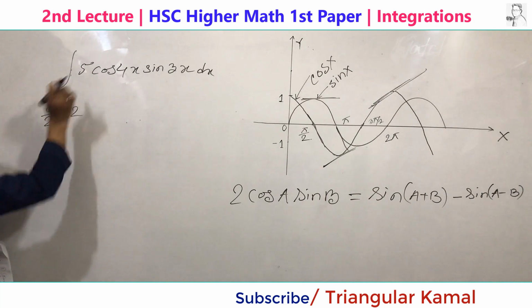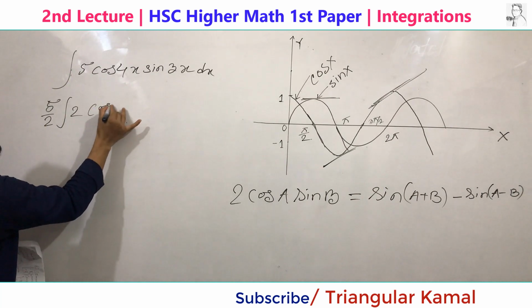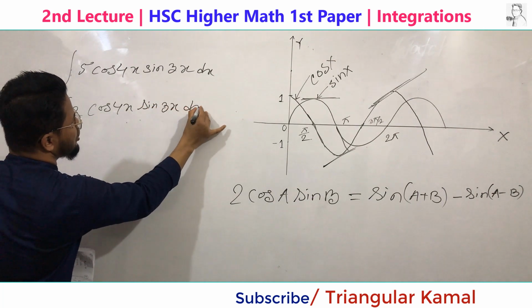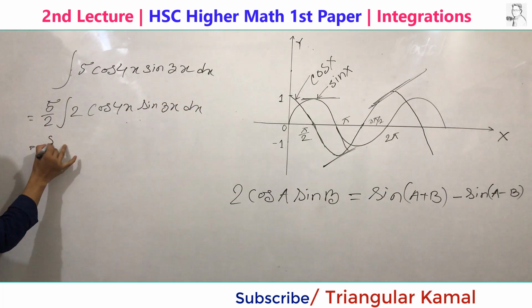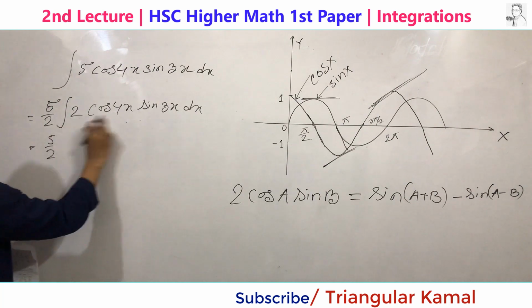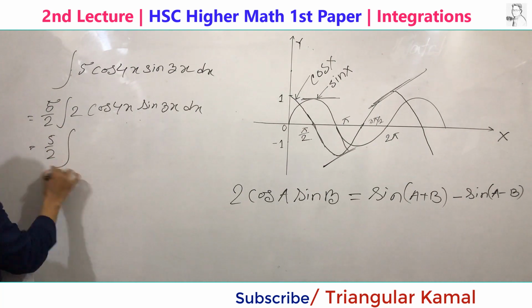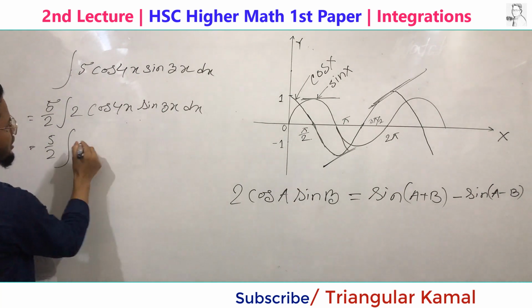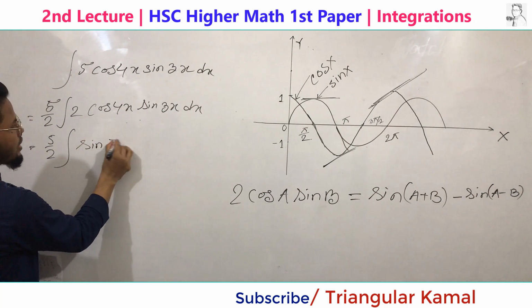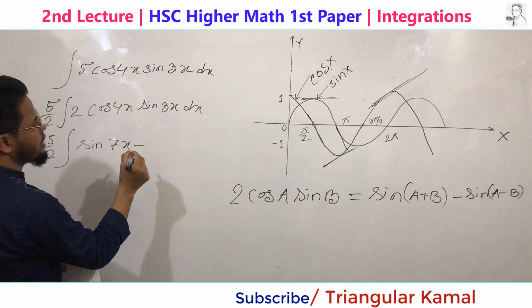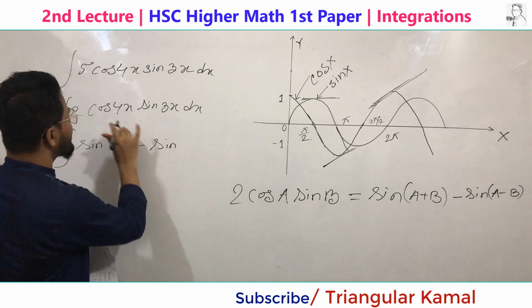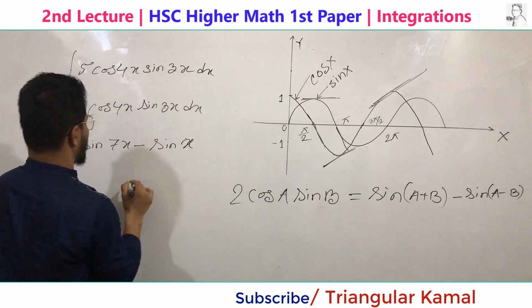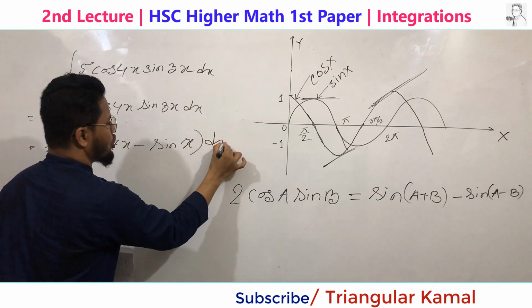Eliminating this one, we will get the same 5. This is the cos 4x sine 3 times of x dx. Now apply here the formula 2 cos A sine B, so this one will be sine A plus B, this one is A, this one is B. So now sine 7 times of x minus sine A minus B, which is 4 minus 3 x, and this one is dx.